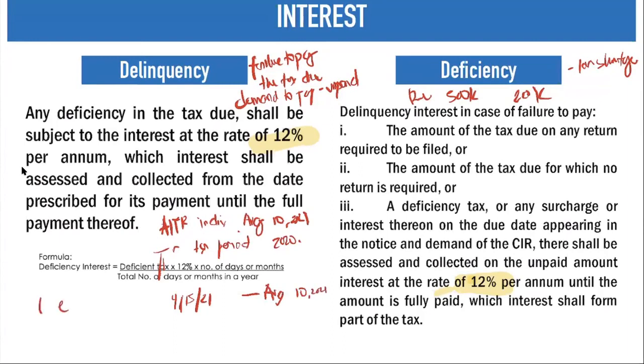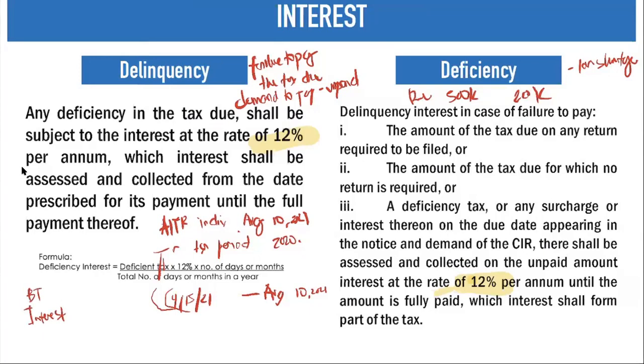So he is late. What do we call that? There is a failure to pay the tax on time, which was due April 15. We call that tax delinquency. So there is a delinquency because you should have filed on April 15, but it was filed on August 10. So there will be interest there.